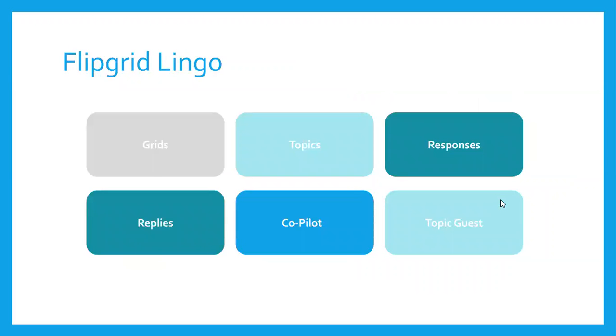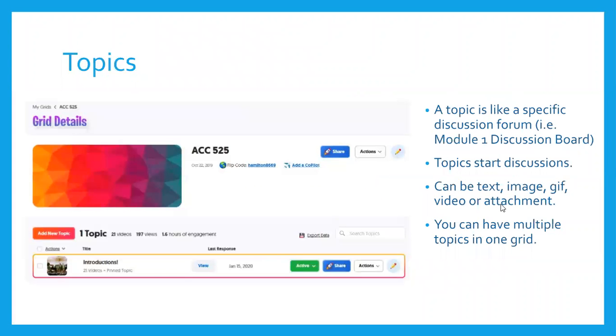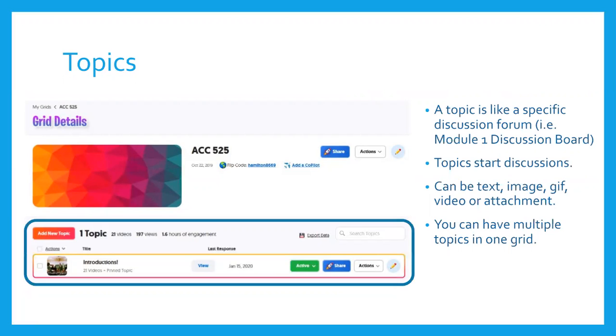So we're going to talk about topics now. When you click on your classroom from the My Grids page, you're brought to your grid details for that specific course. Today we're taking a look at Accounting 525. Like Arwen said, when you create a topic, it pops up at the bottom of your screen, and you can create more than one topic.